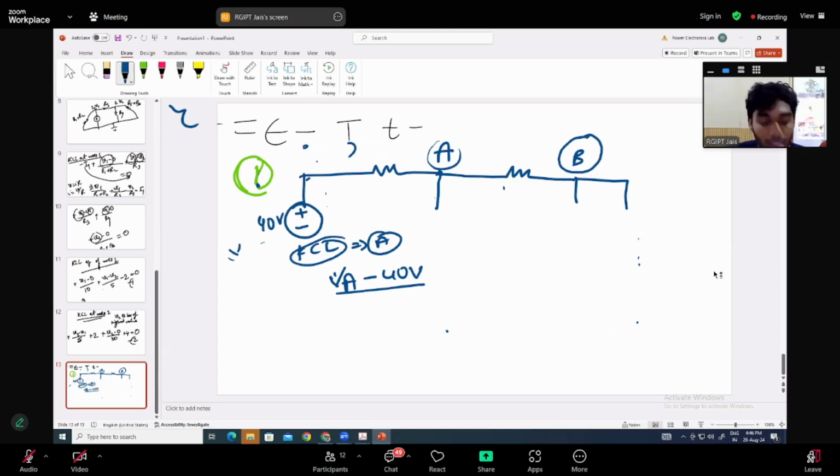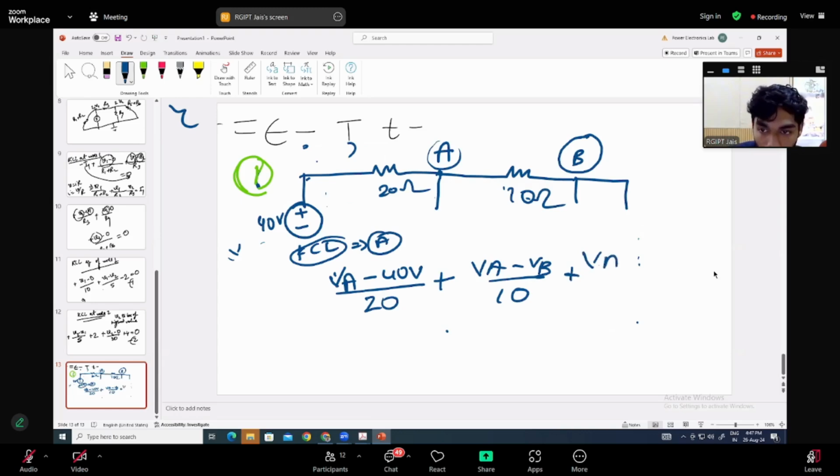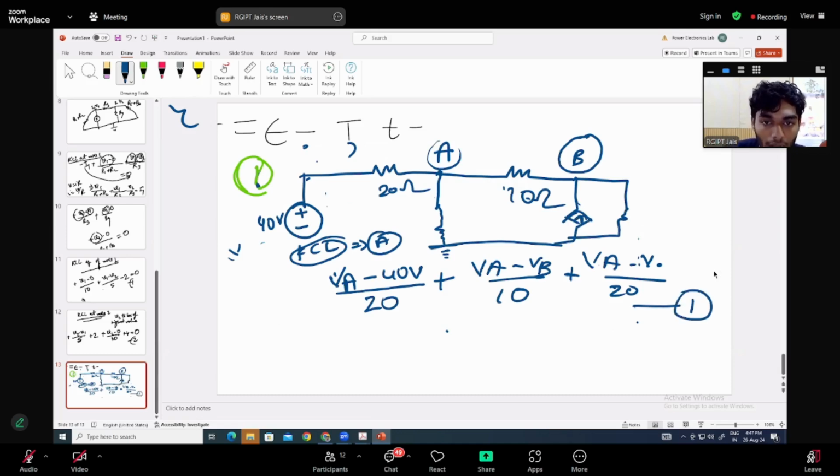VA minus 40 divided by the resistance 20, plus VA minus VB divided by the resistance 10, plus VA minus V naught divided by 20 for this part. This is the one equation you have to solve, and this is for node A.